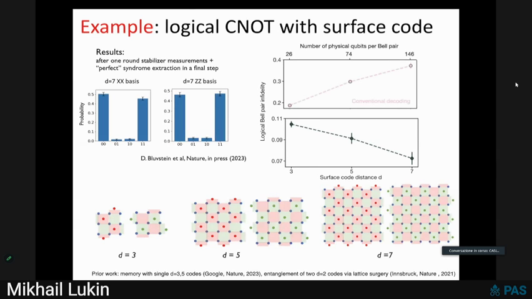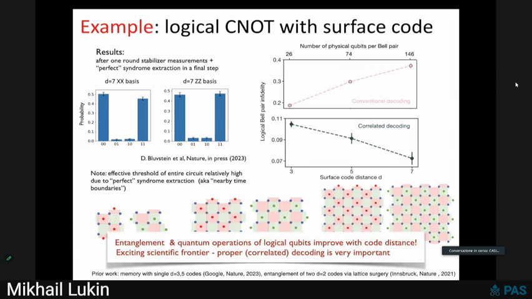There are various caveats about these results. We have to use what's called correlated decoding. Actually, this is something one could guess, but we kind of discovered it. This is also just one round of error correction. But nevertheless, it already shows that we can really do these operations and explore, and this is really an exciting scientific frontier.